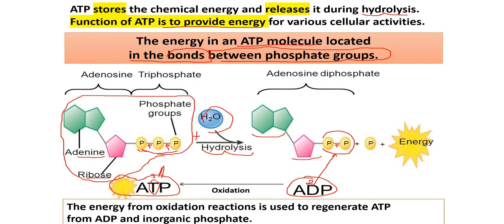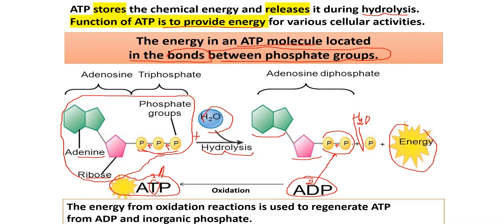So with hydrolysis, water will break down this connection of the third phosphorus group, and energy will be released because of this, and the cell will use this energy for different purposes.